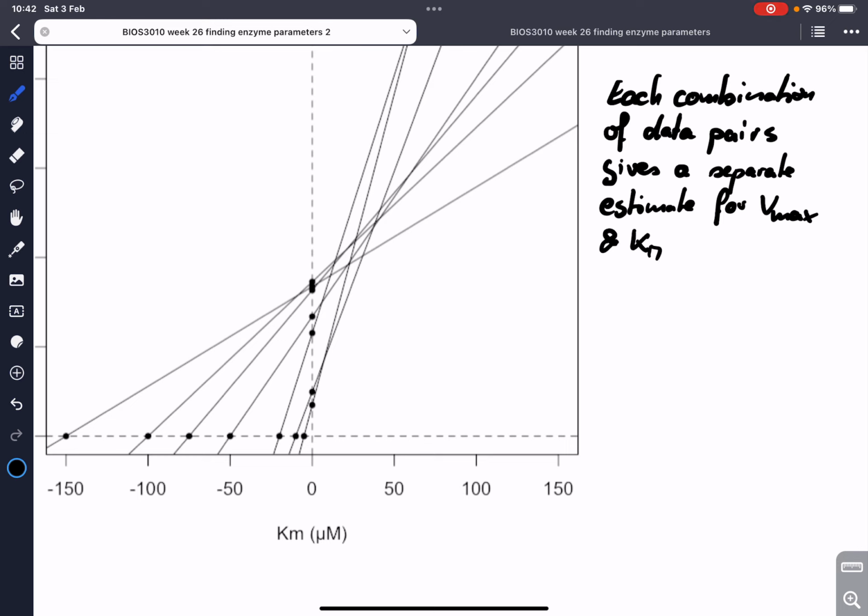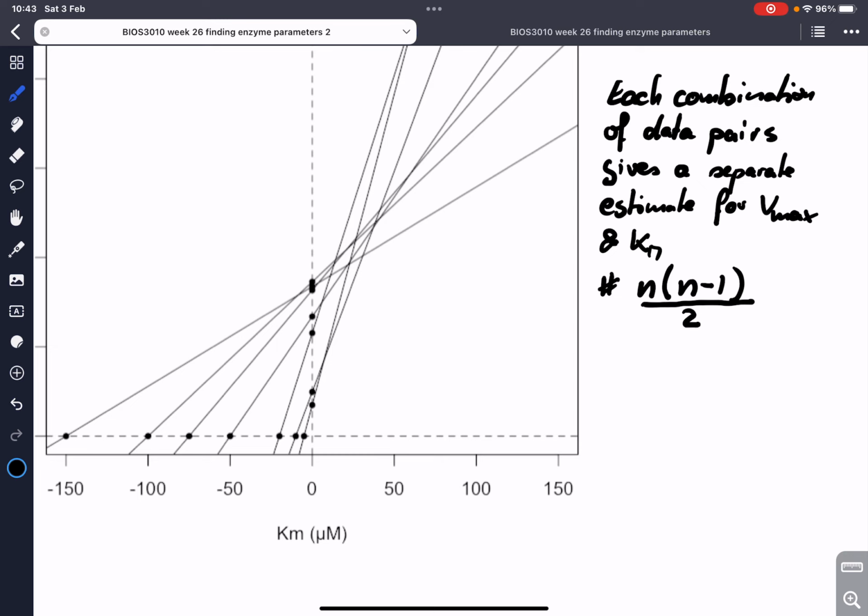How many of these combinations can we do? Actually, we can calculate that. The number of combinations that we get would be the number of data observations that we have, the number of substrate concentrations, if we call that n, times n minus 1 divided by 2. That's the number of crosses that we basically get.